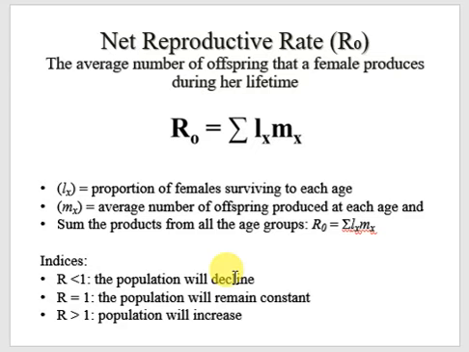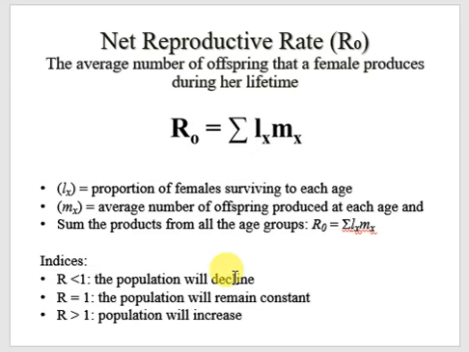Now, if all females survived to the oldest possible age for every population, the net reproductive rate would simply be the sum of the average number of offspring produced by females at each age. However, that's not what occurs in reality. In real populations, some females die at every age.